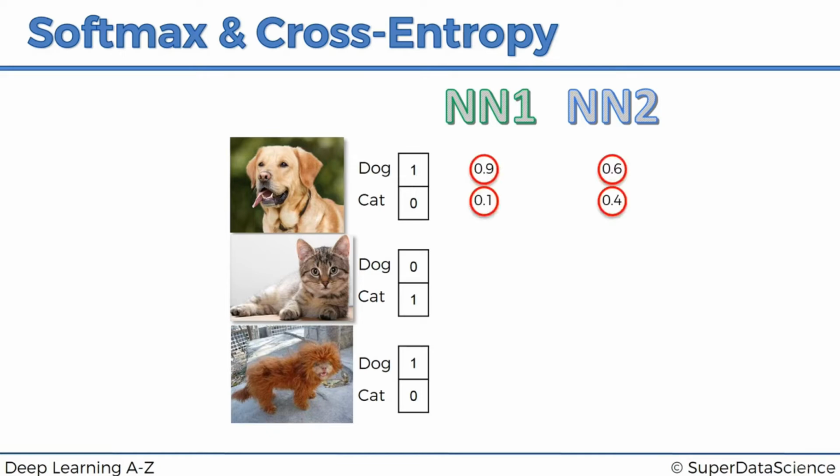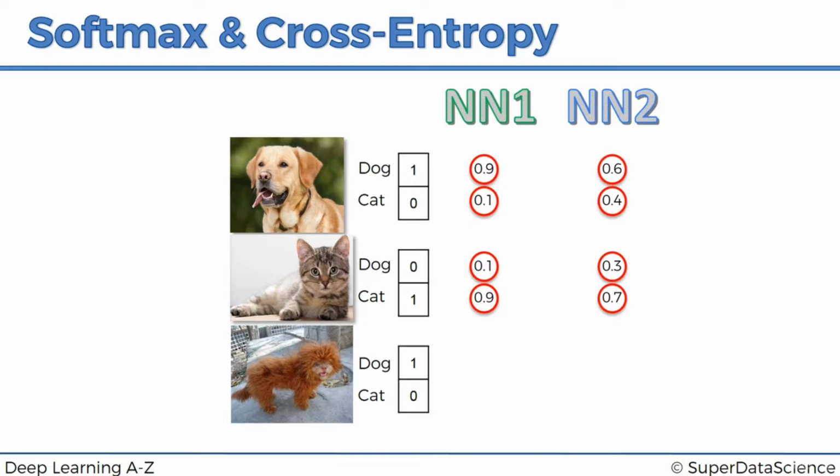In the first case, neural network 1 says 90% dog, 10% cat, correct. Neural network 2 says 60% dog, 40% cat, worse, but still correct. Second image: the first neural network says 10% dog, 90% cat, correct.